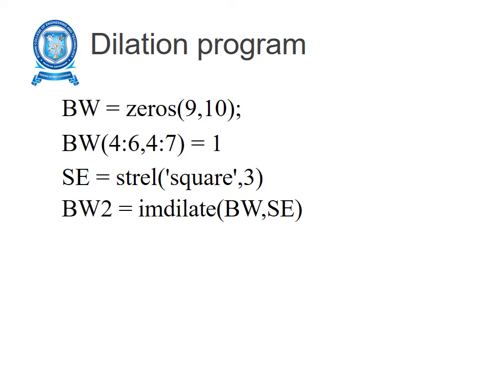Suppose you want to execute this erosion and dilation program in MATLAB, then we can go for implementing this MATLAB coding and run the program by applying it to the image. This topic will be quite interesting.